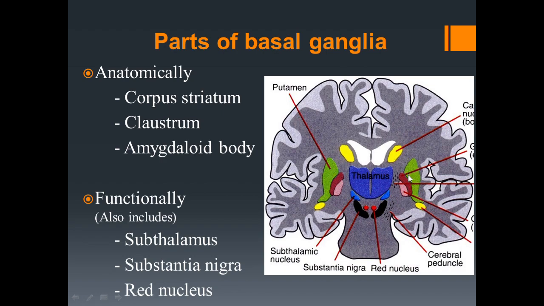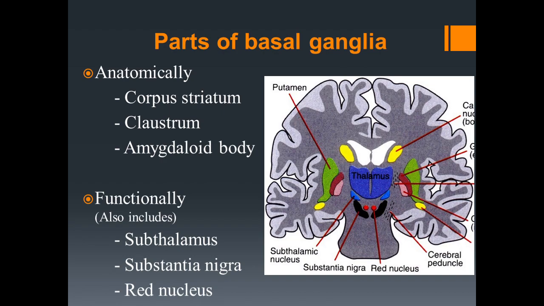Anatomically, the basal ganglia consist of three parts: the corpus striatum, claustrum, and amygdaloid body.